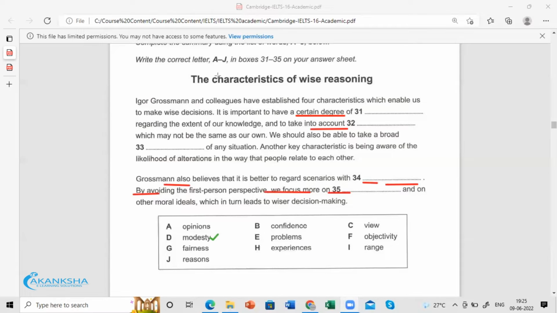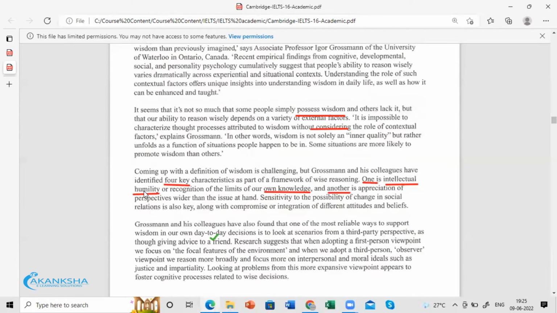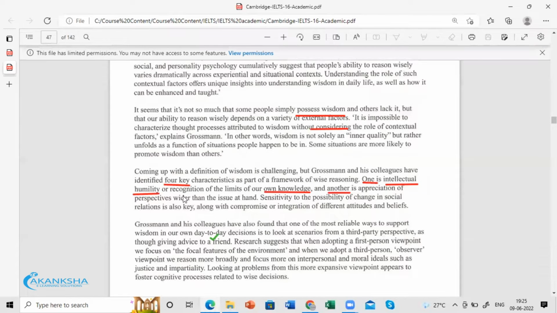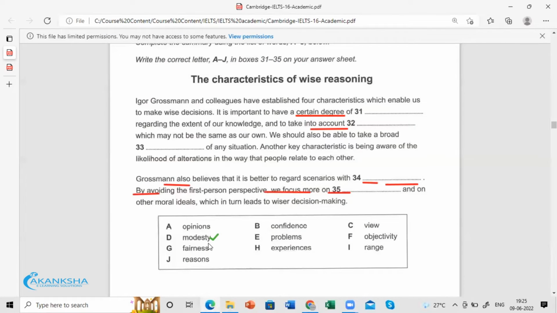Yes, sir. Right? So what do we need to do? First, scan that word in the passage, intellectual humility, as we got in this case. Then come back here and select the closest word to what you have selected there in the passage.